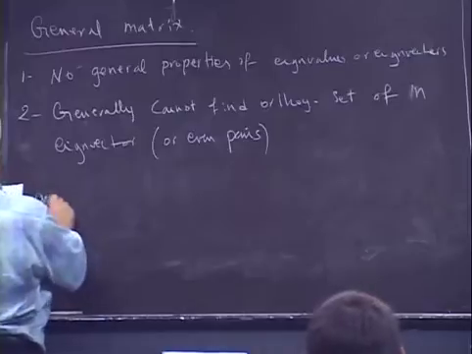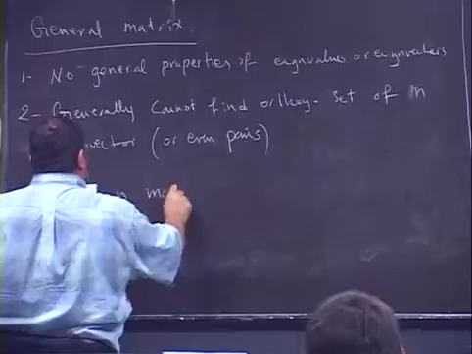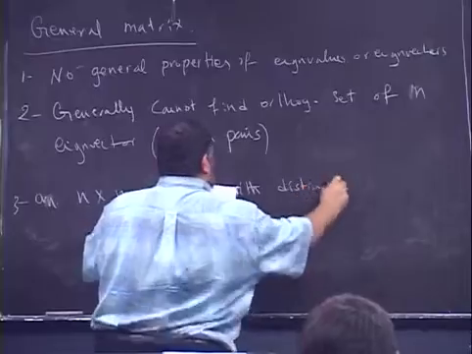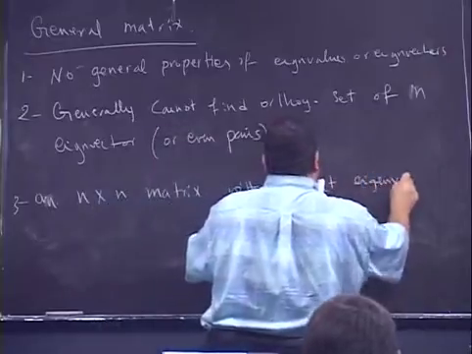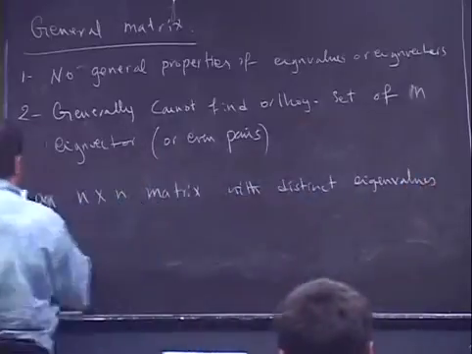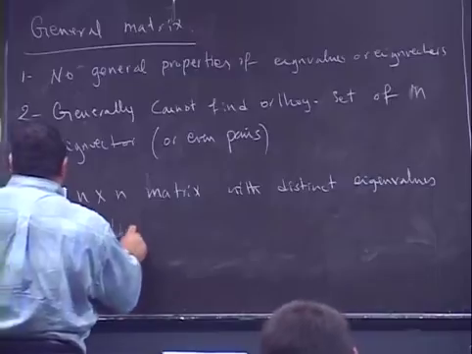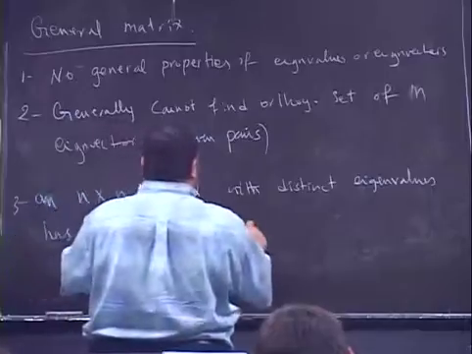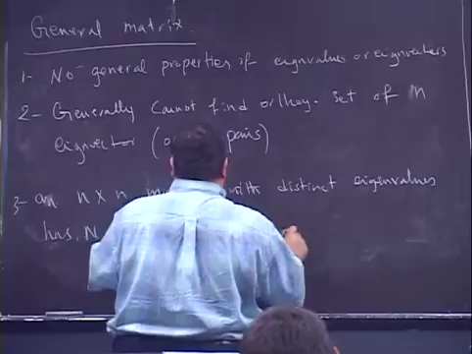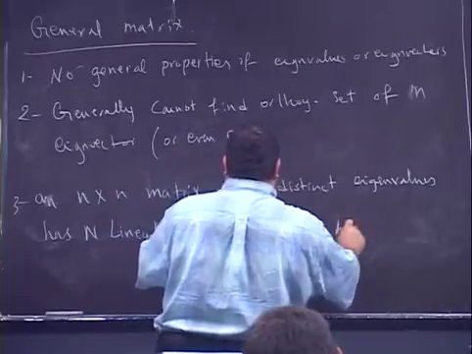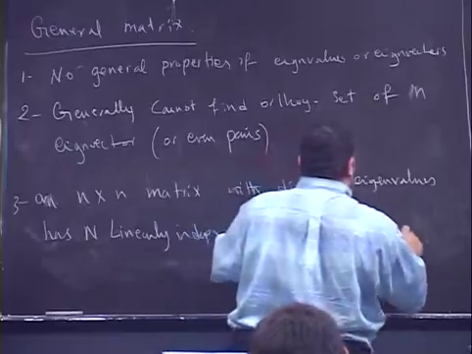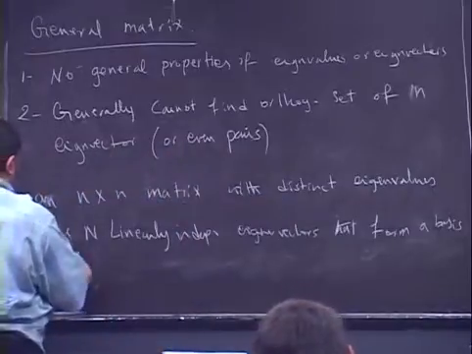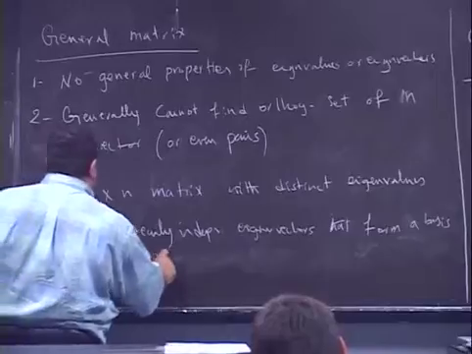Second, if you have an n by n matrix with distinct eigenvalues, it has n linearly independent eigenvectors that form a basis for the n-dimensional vector space.